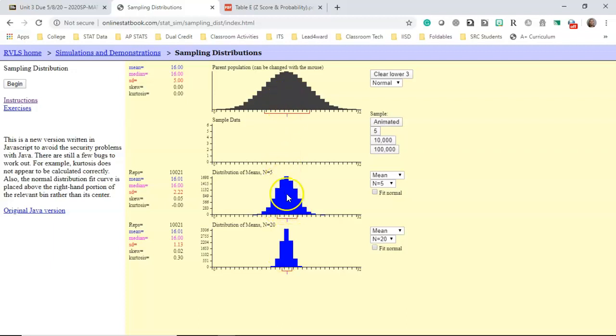Both distributions, sample of size 5 and sample of size 20, are approximately normal. They have the bell shape. In fact, I can fit a normal curve to it. You can see that it closely models a normal distribution. The only difference is the data is far less dispersed than from the original population.